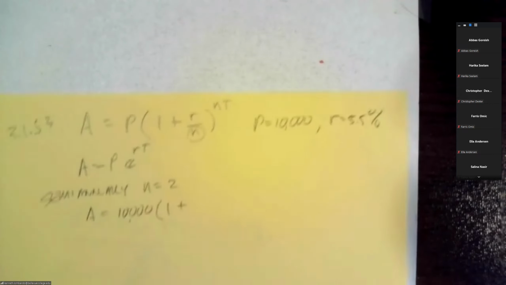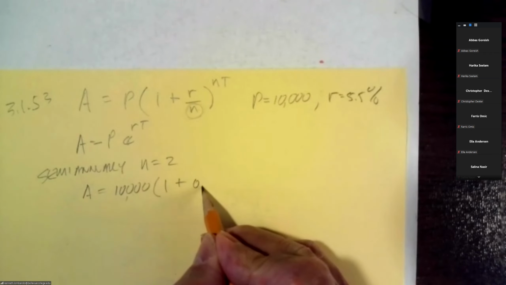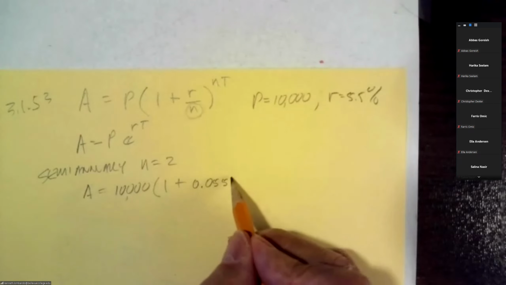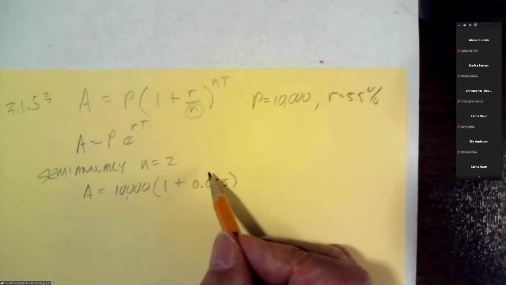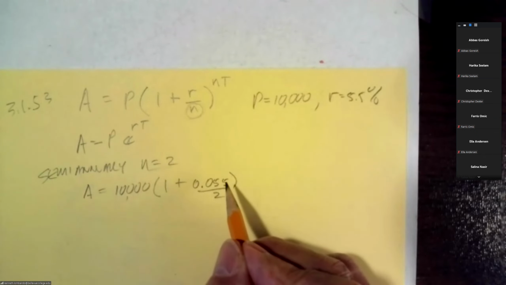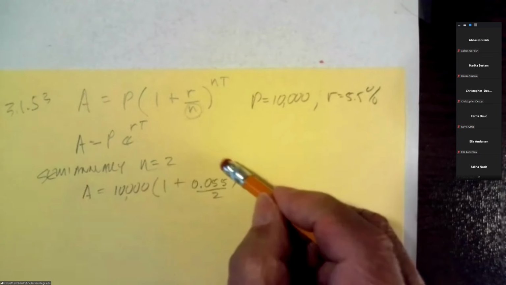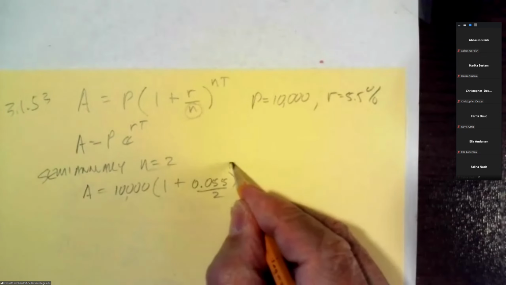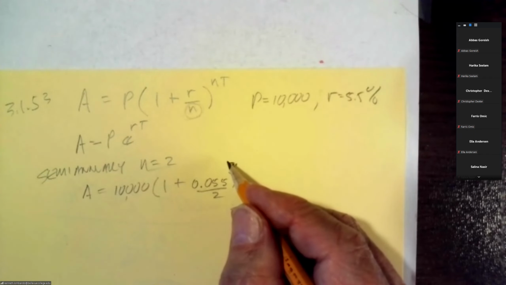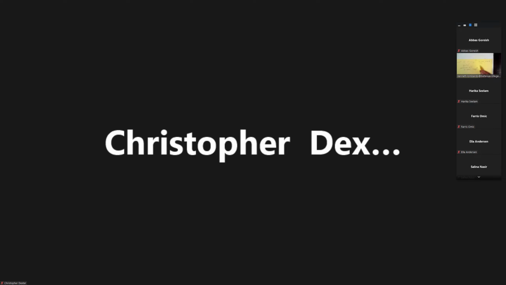And when we're using interest calculations, we use the decimal form, don't we? So that's 0.055. And we're doing it semi-annually, so the number of compounding periods, N, is 2. And we're going to do it for, what does it say here? 5 years. So T equals 5.